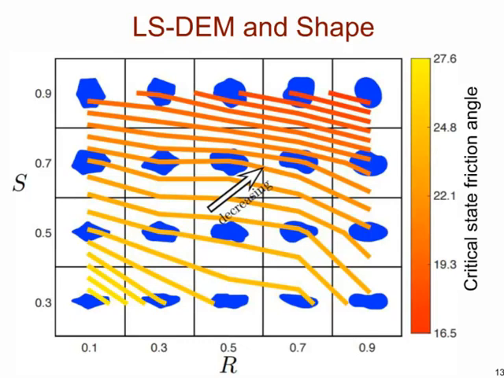As we vary roundness and sphericity, we see that we have a decreasing angle of friction at critical state as the particle becomes more round and more spherical. And the opposite, of course, is also true. As we drop roundness and sphericity, we increase the angle. And that variation in angle is not insignificant. It's about 10 degrees. So shape matters.